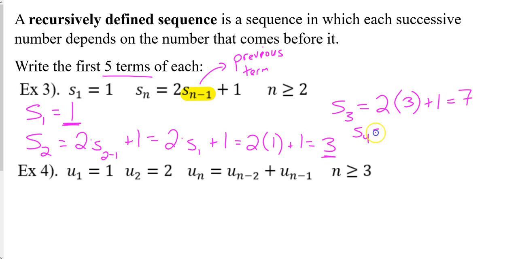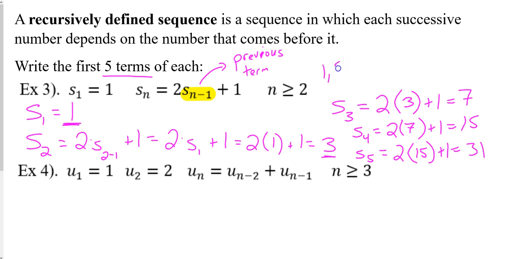S sub 4 is 2 times our previous answer, which was 7, plus 1, which is 15. And S sub 5 is 2 times your previous answer, 15, plus 1, which is 31. So my sequence here would be 1, 3, 7, 15, 31.